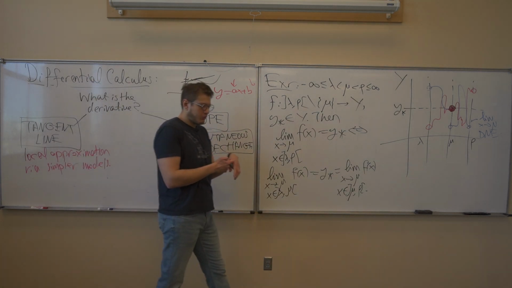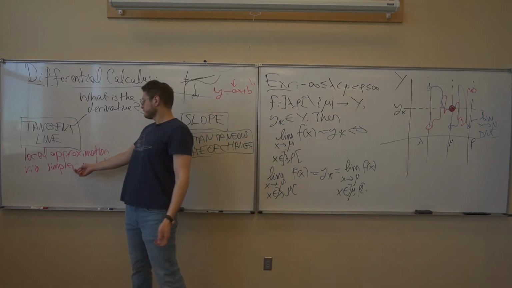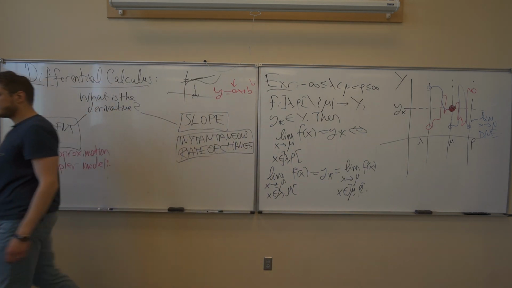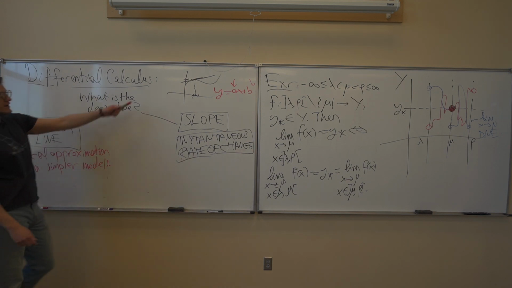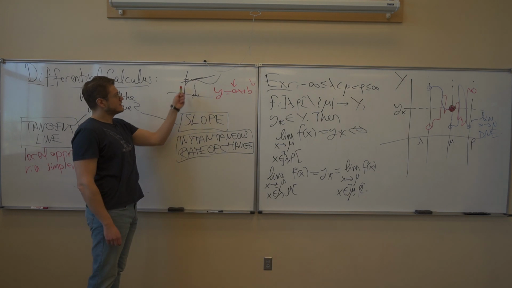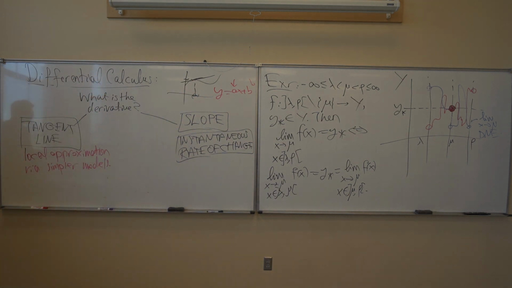Maybe once you're done finding the simplest model, which is y equals ax plus b, then you can ask, what is the best parabola that fits the function? And we're going to do this later at the end of this class. This leads to the idea of a Taylor approximation. You can look at the best line that fits the function at a point, then the best parabola, best cubic, best quartic, and so on.